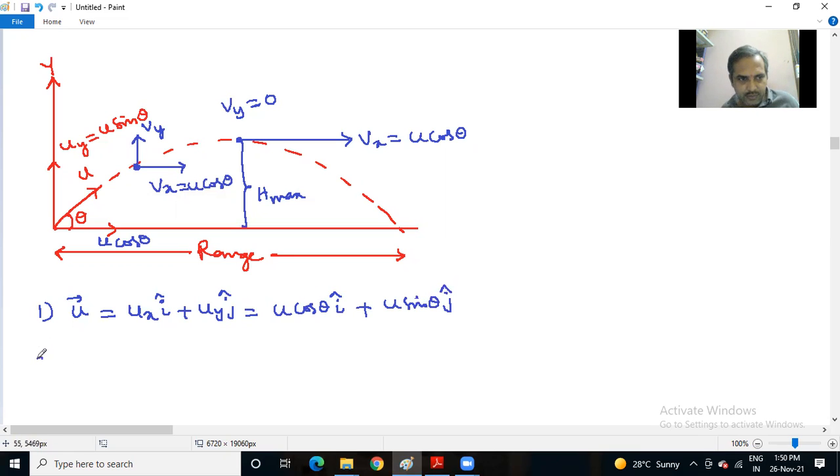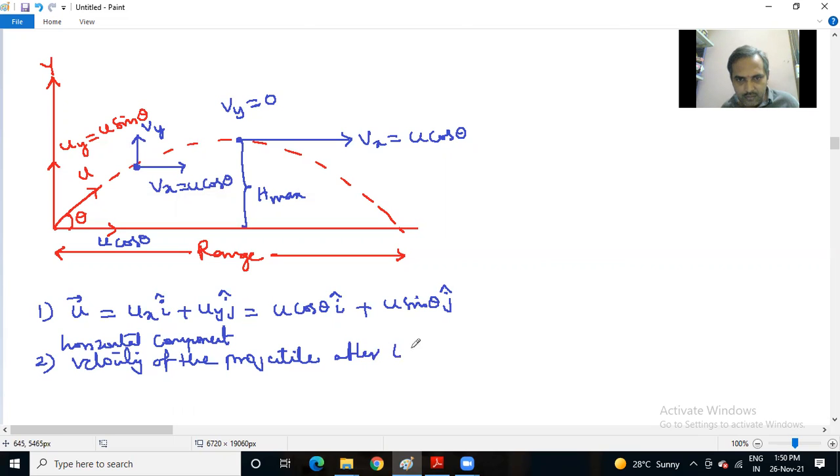Second equation is the horizontal component of velocity of the projectile after t seconds.